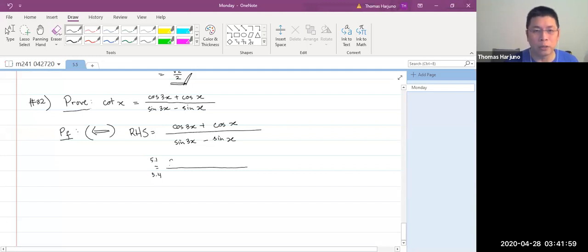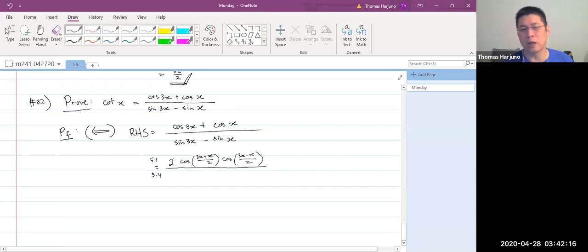This will be 2 cosine sum over 2 times cosine difference over 2, big over.